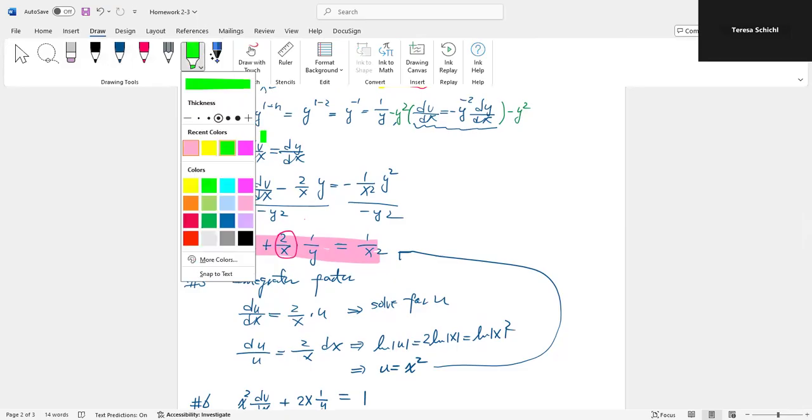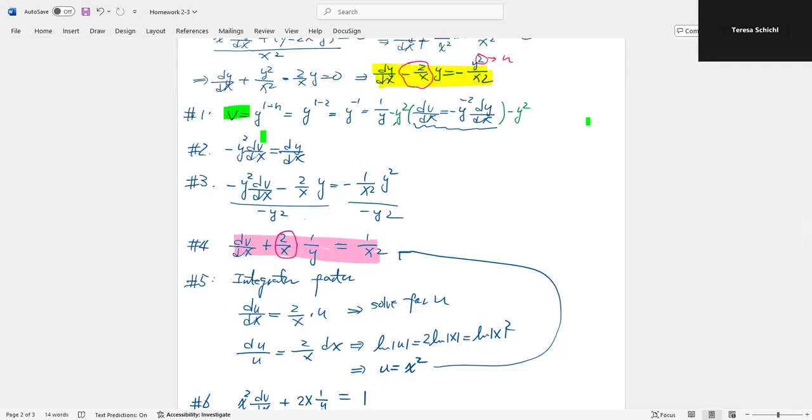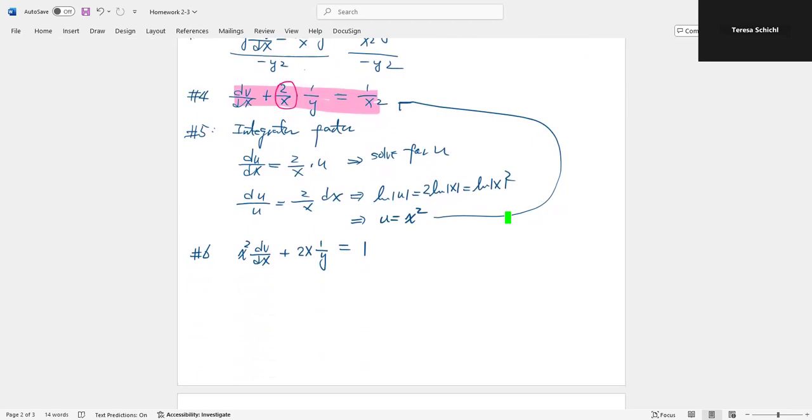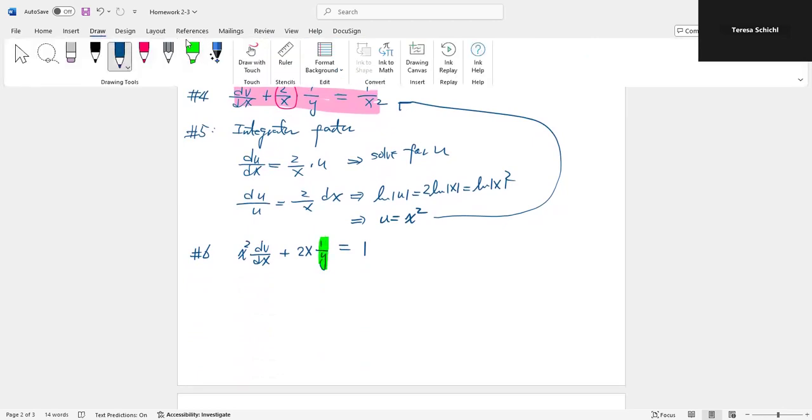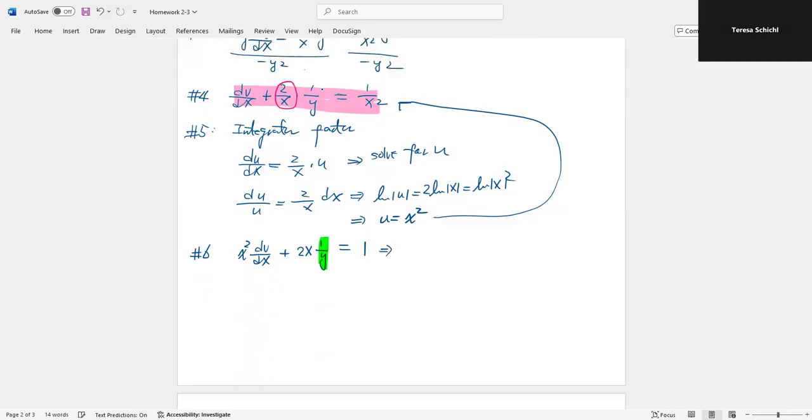For these terms, we know v equals 1 over y, right? So I can change this to x squared dv dx plus 2xv equal to 1.